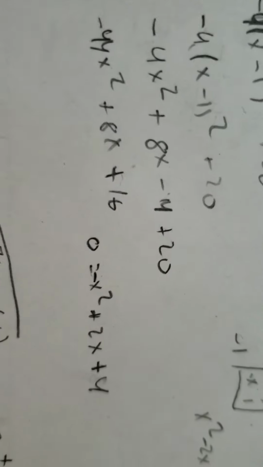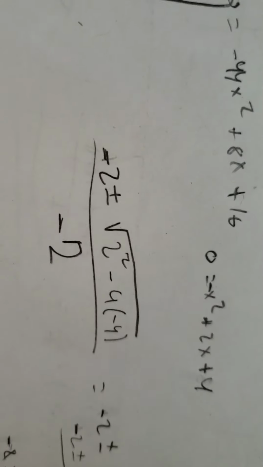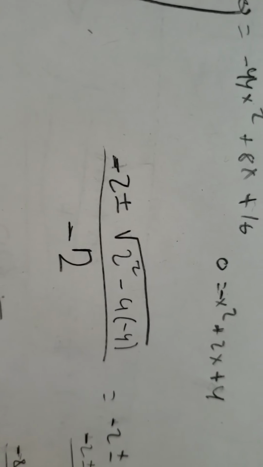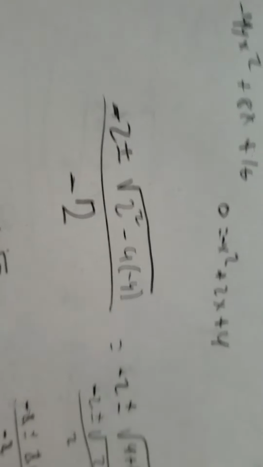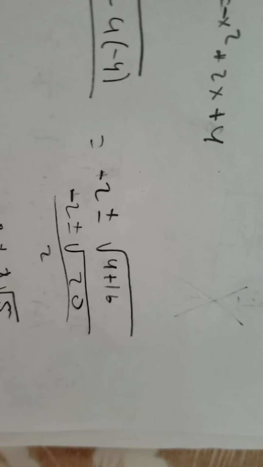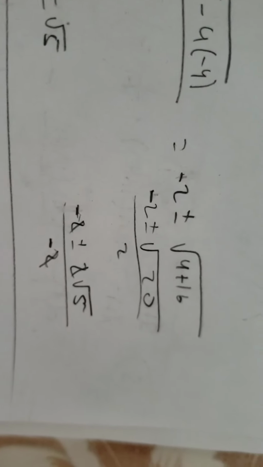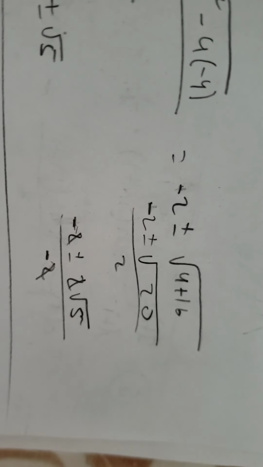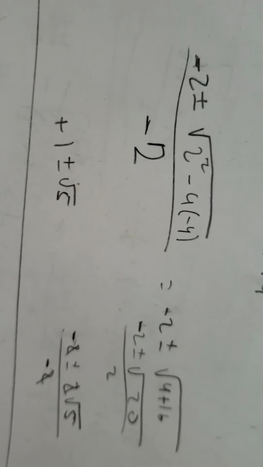Pull out a 4, you get negative x squared plus 2x plus 4. Plug that into the quadratic equation. Negative 2 plus or minus square root of 2 squared minus 4 times negative 4 over negative 2. Negative 2 plus or minus square root of 20 over 2. Negative 2 plus or minus 2 root 5 over negative 2. Cancel those out, and you get positive 1 plus or minus square root of 5.